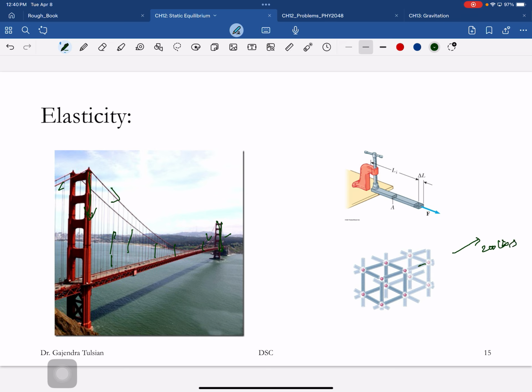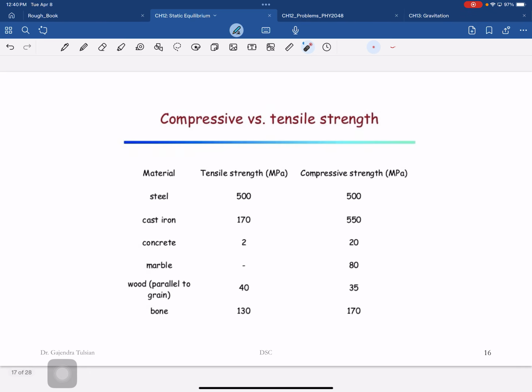Each of these springs stretches such that all these forces add up to 200 pounds, and then it stops stretching. It stretches enough such that all these internal forces add up to this external force, and that's when it stops. All right, so that's what's going on.